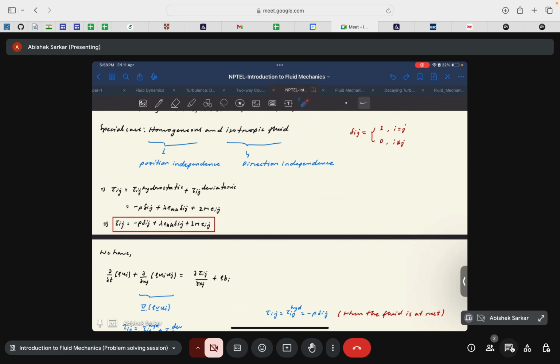Lambda is sometimes known as the second viscosity, and its value can be found using the Stokes hypothesis. We will see how it is done. I hope it is clear till now. Let us proceed further.